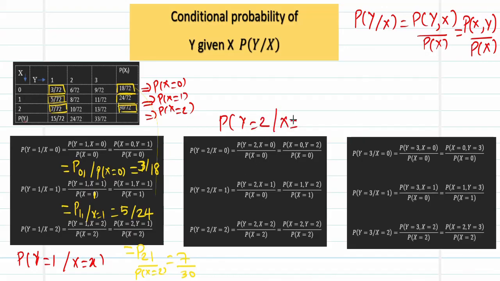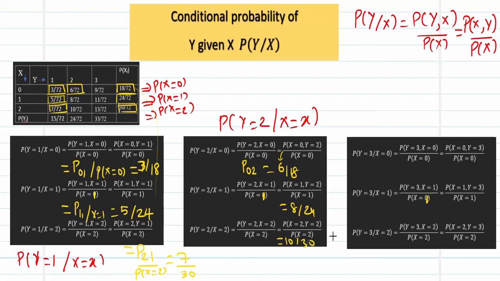So x takes the values 0, 1 and 2. You can follow the same pattern. The first element is P of 0, 2 divided by the probability of x equal to 0. P of 0, 2 is 6 by 72 and the denominator is 18 by 72, so this is 6 by 18. The next quantity is 8 by 24, and the last value is 10 divided by 30.